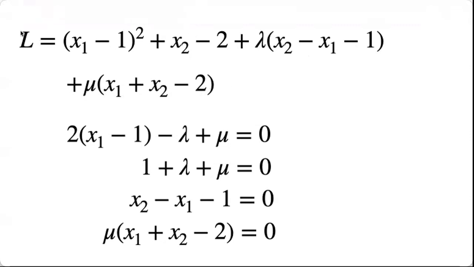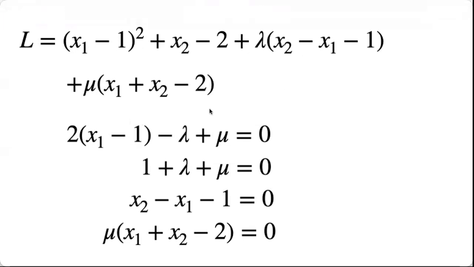So the KKT conditions consist of, first, the partial derivative of the Lagrange function with respect to x1. You can see that it's 2 times x1 minus 1, right? This term. And where else do we have x1?